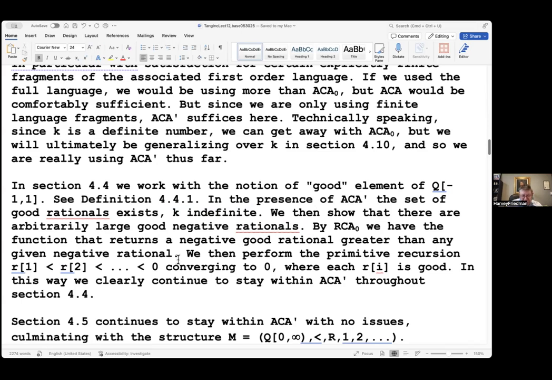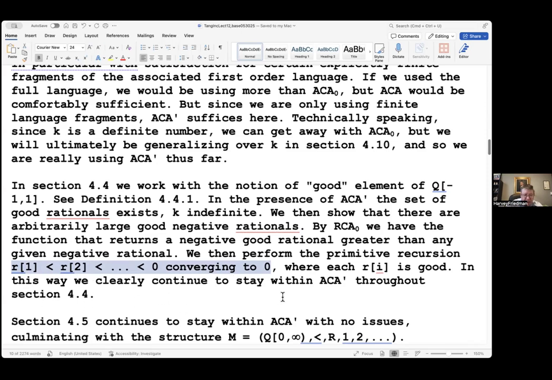If K is fixed but indefinite, we can do that. And then we perform a primitive recursion in order to get this converging to 0. That's just a primitive recursion, since we can talk about goodness.